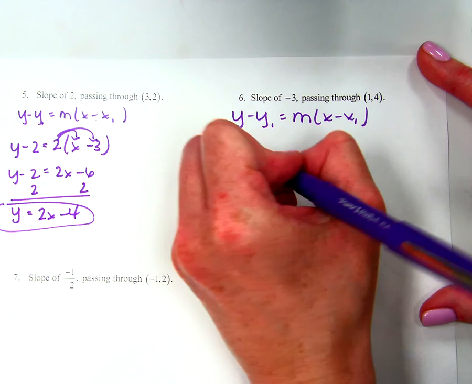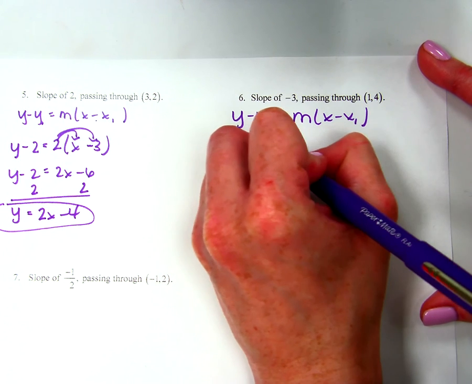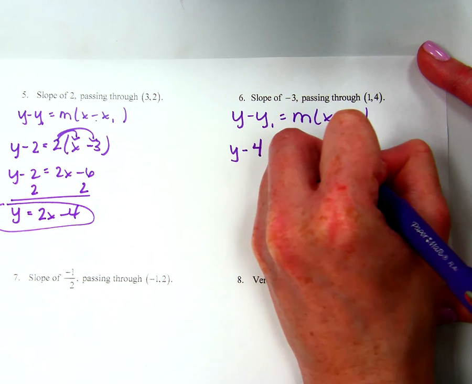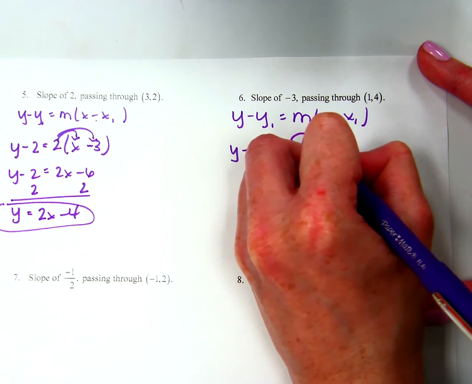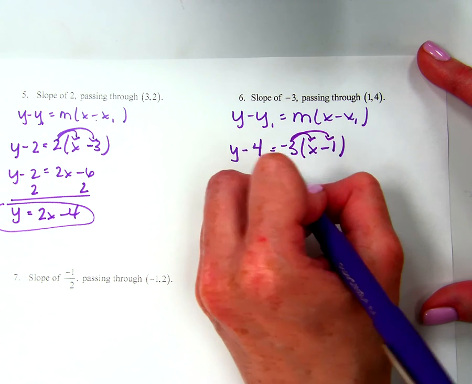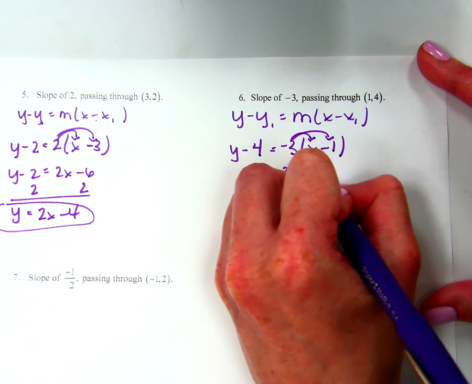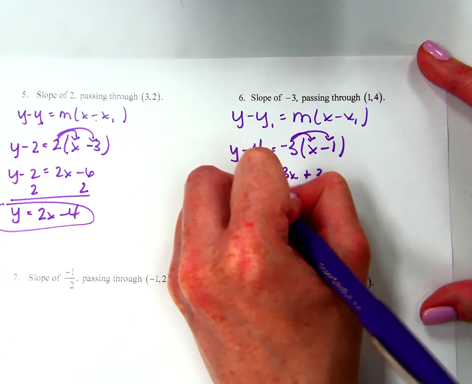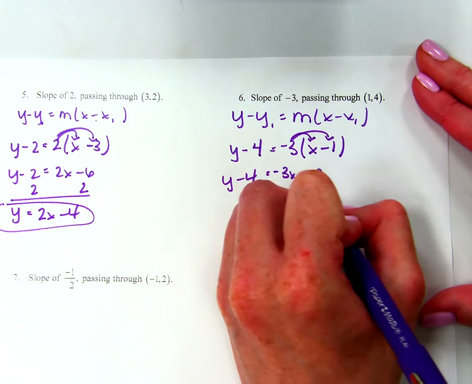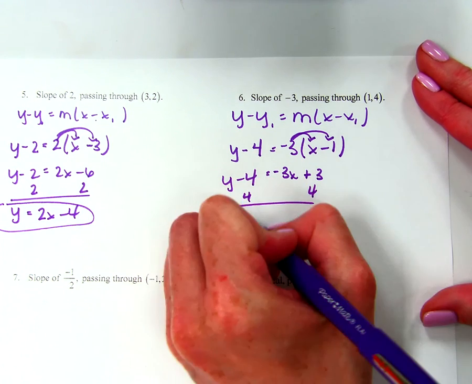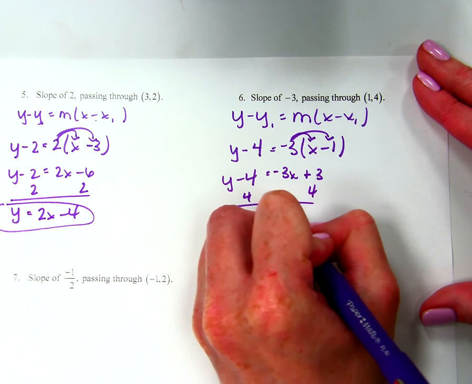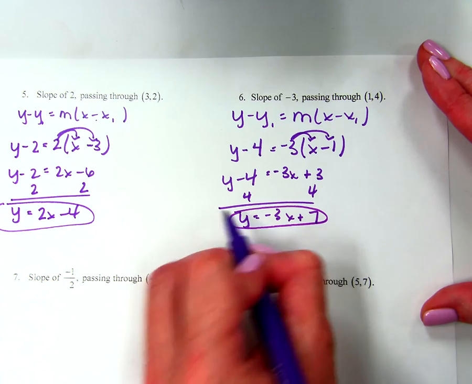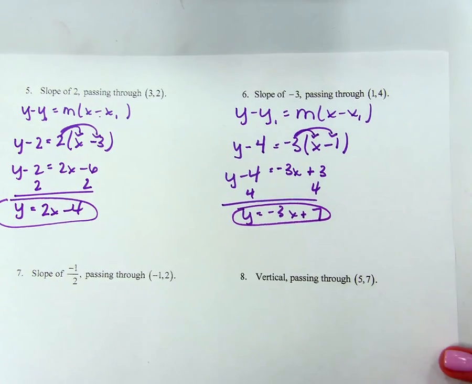So I'll do y minus 4 equals negative 3 times x minus 1. Again, I'm going to distribute, so that becomes negative 3x plus 3. I'm going to bring down my y minus 4, and add 4 to both sides. So I now have y equals negative 3x plus 7. And there's my final answer for 6.